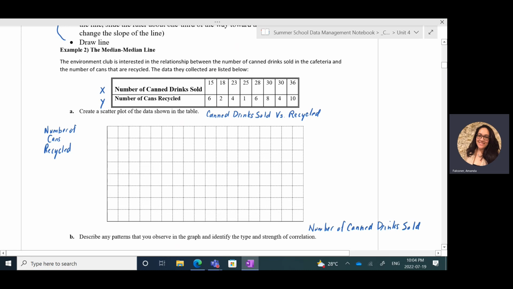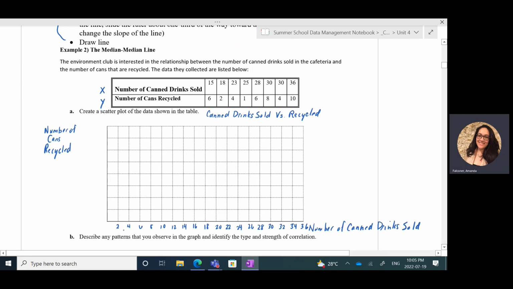So my number of canned drinks sold goes from 15 to 36. So maybe I go up by twos here: 2, 4, 6, 8, 10, 12, 14, 16, 18, 20, 22, 24, 26, 28, 30, 32, 34, and 36.